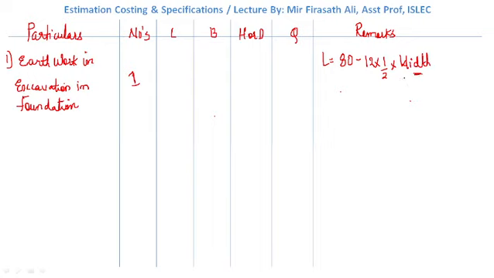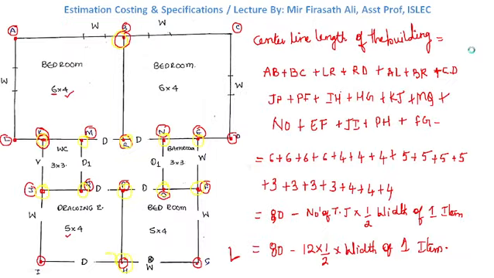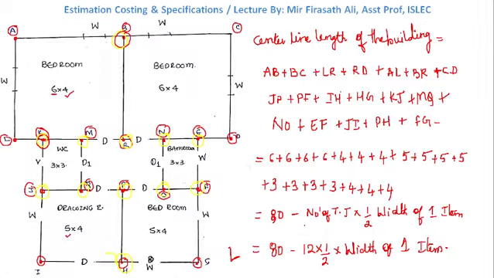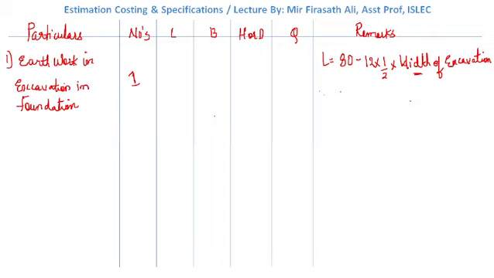As we are in excavation, we will talk about the width of excavation. What is the width of excavation? Look at the section. The width of excavation is 90 centimeter. So, substitute it over here.